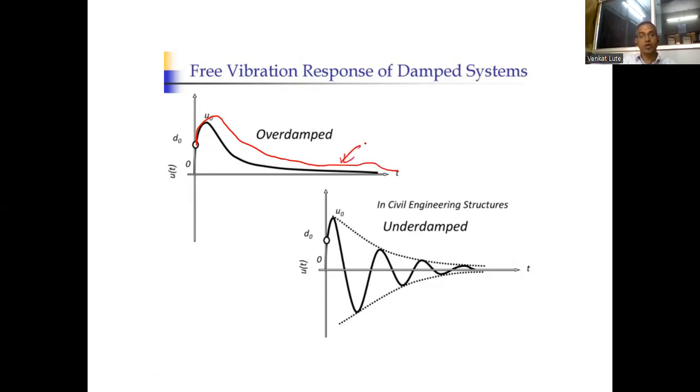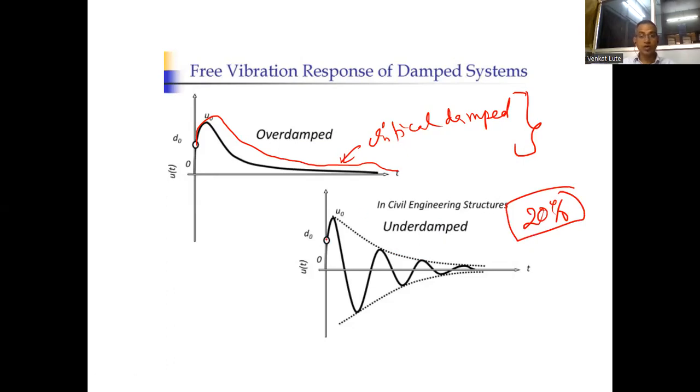So this is your critical damping. But these are not civil structures. These are mechanical systems wherein damping will be more than 100%. Civil structures have very little damping, which is called under damping, around a maximum of 20%.